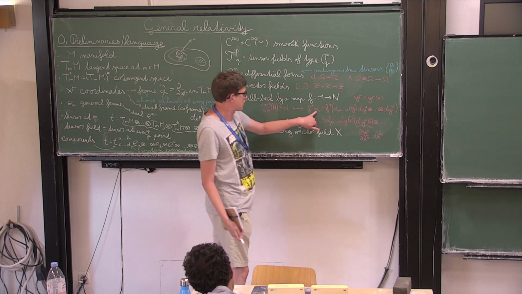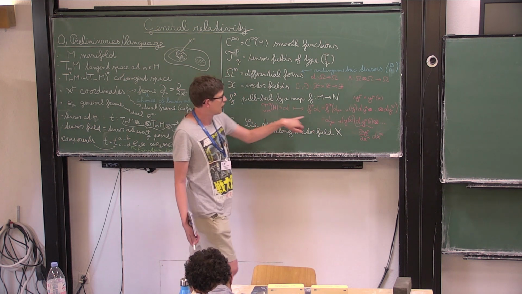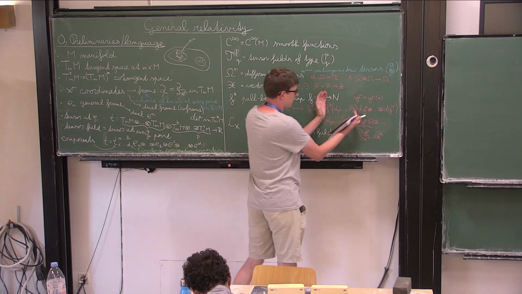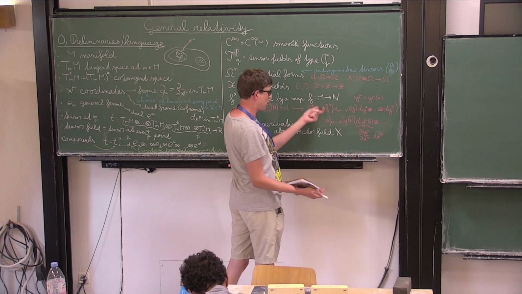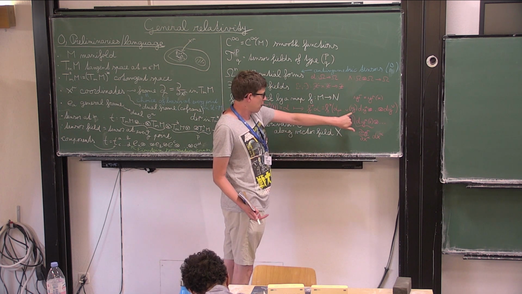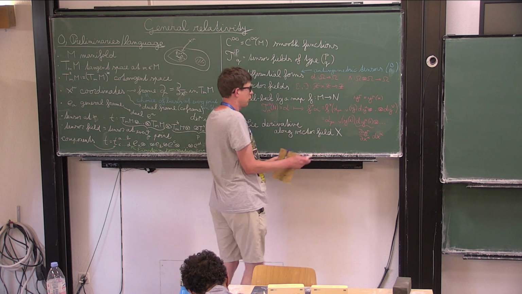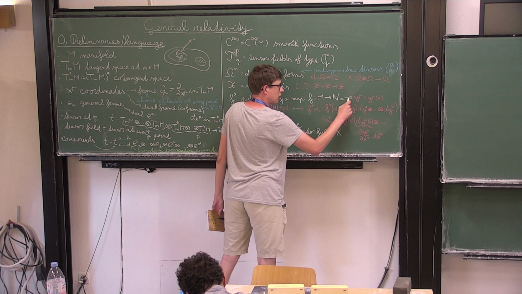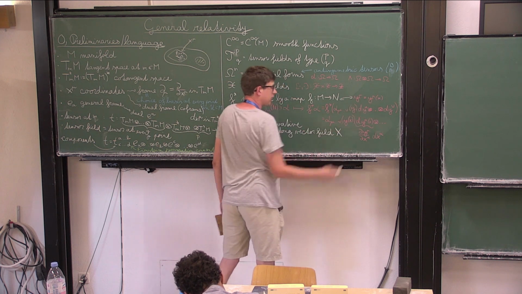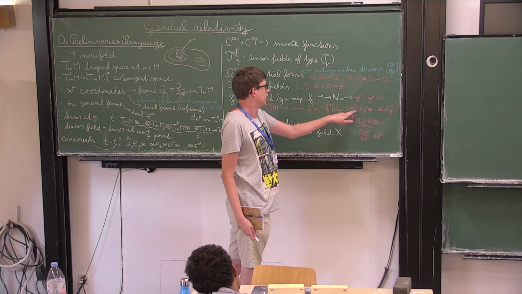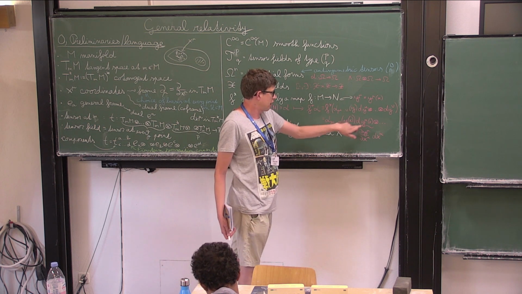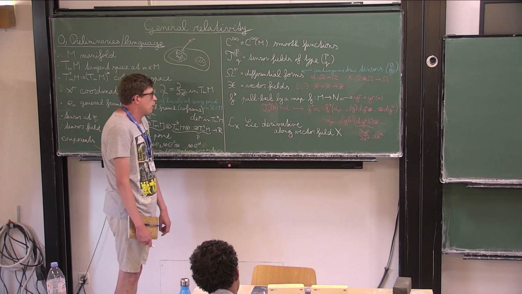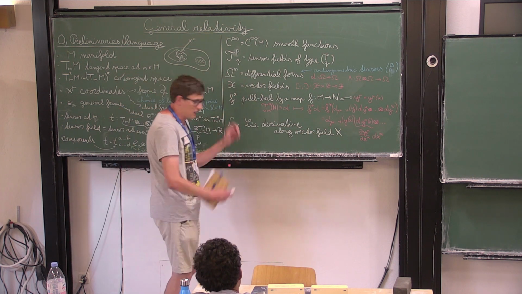If your tensor on N was just some alpha, which in coordinates had some components and then some dy's, then pulling it back simply amounts to replacing y by the function y of x, where f in coordinates is written as y depending on x. So we just replace y by y of x, and then you take derivatives if needed, so that it is expressed in terms of dx. I probably won't be using this anyway, but it's nice to see.